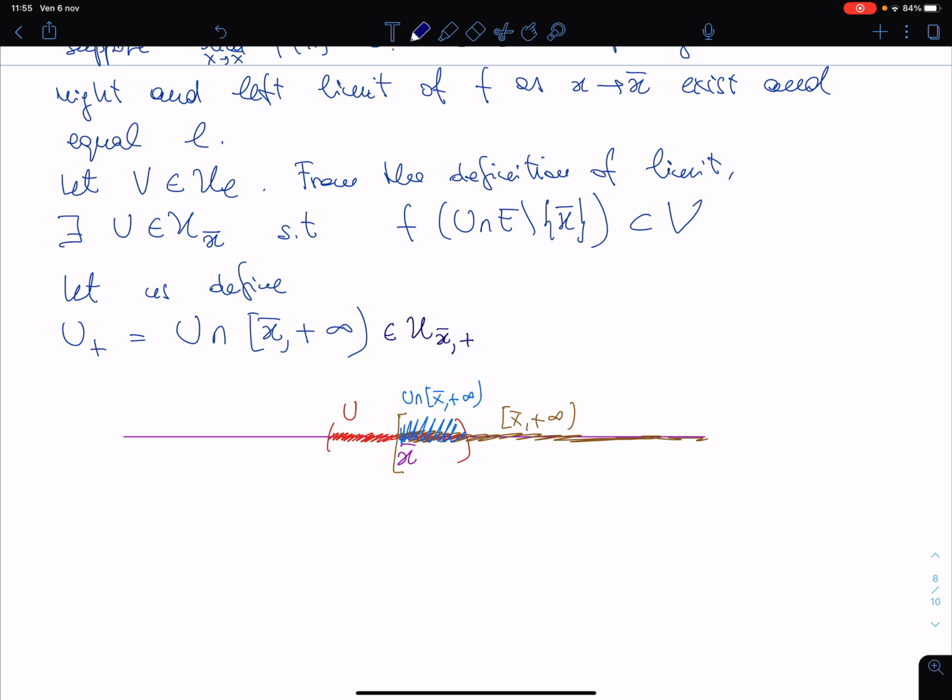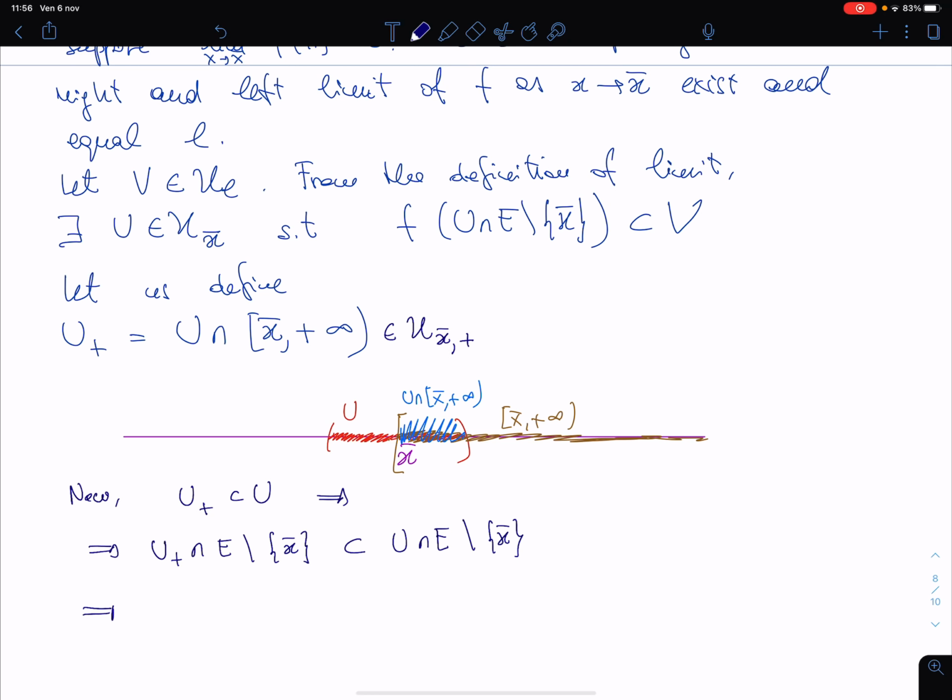Moreover, we have that U plus is contained in U, and therefore U plus intersection E minus x bar is contained in the U intersection E minus x bar.